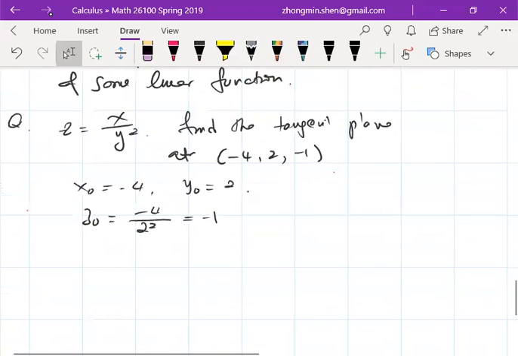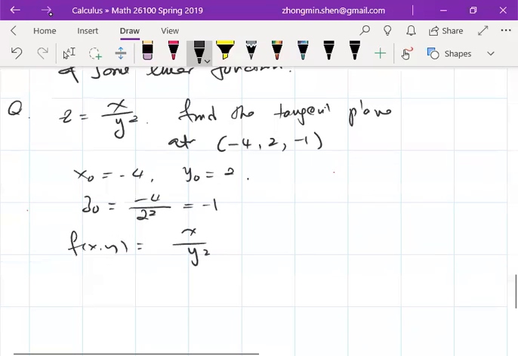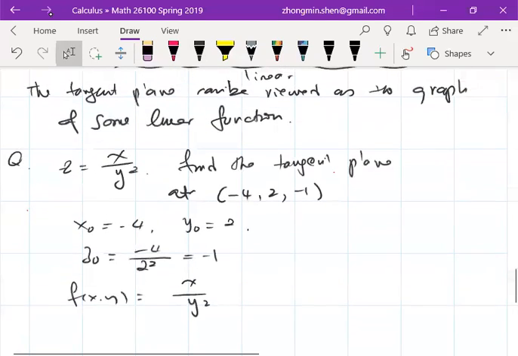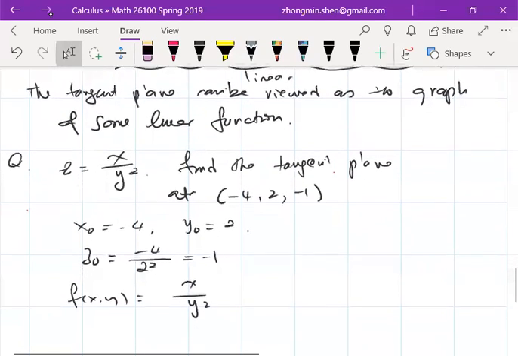So the function here in x, y is x squared over y squared, right? So now we have to find the partial derivatives in order to find the equation for the tangent line.